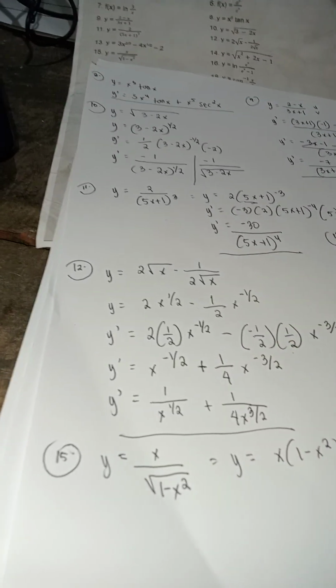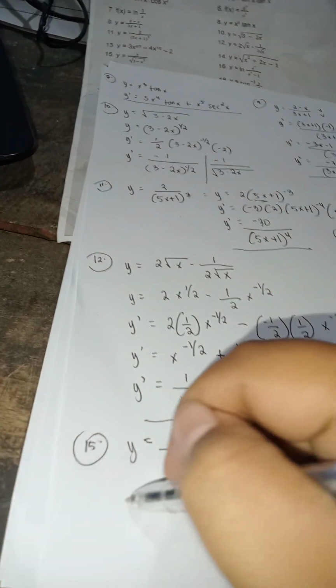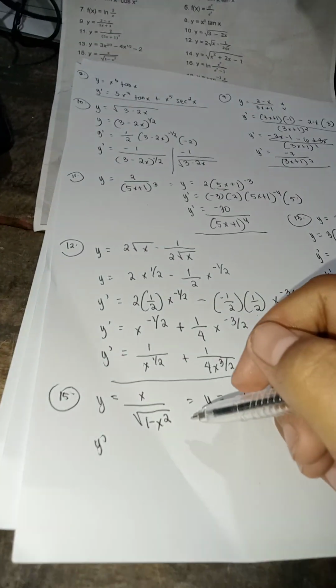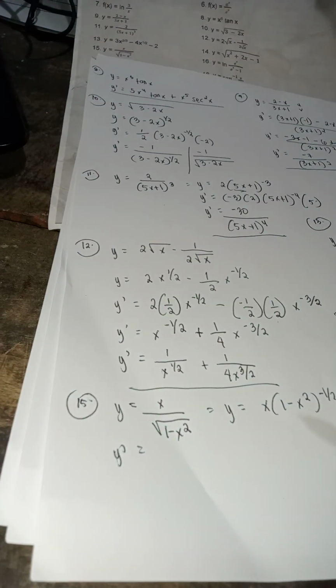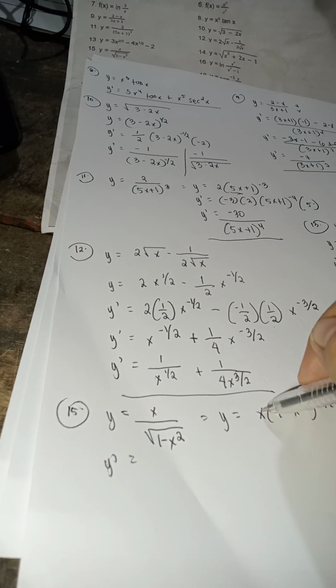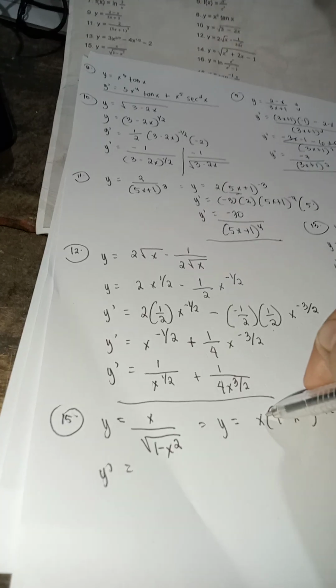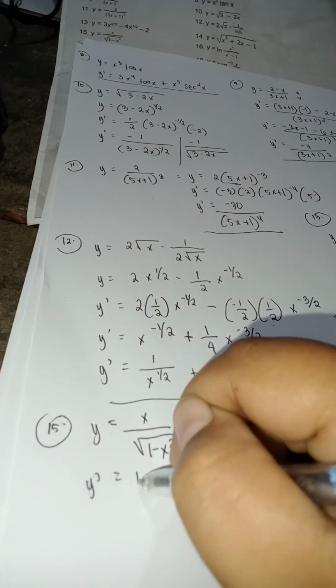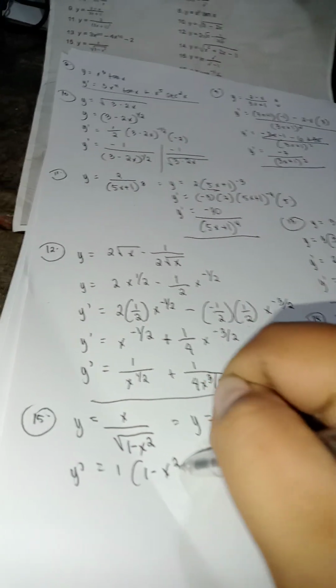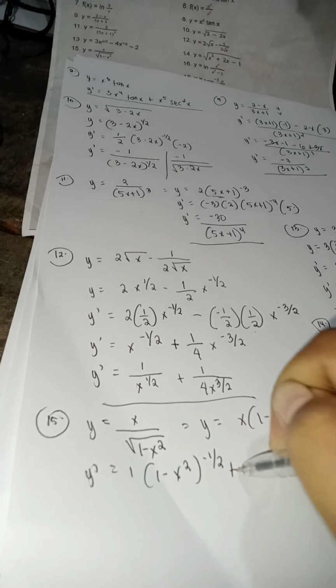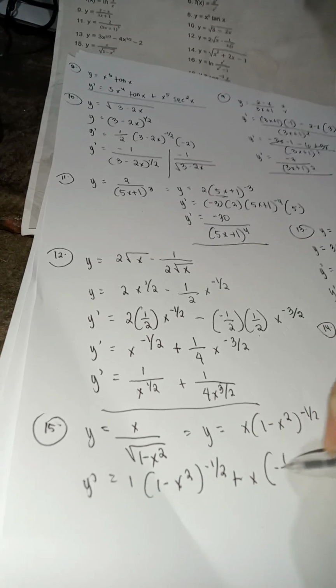And let's apply its product rule. So we have here y prime is equal to 1, since the derivative of x is 1, so 1 times (1 minus x squared) to the negative 1 half, plus x times negative 1 half.